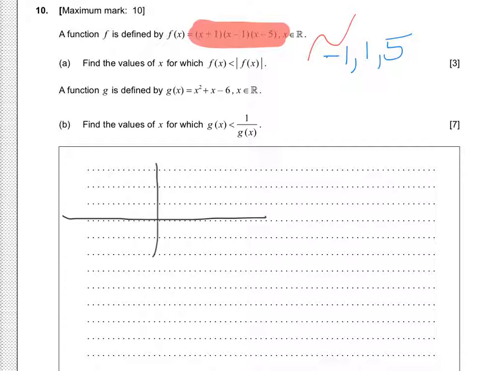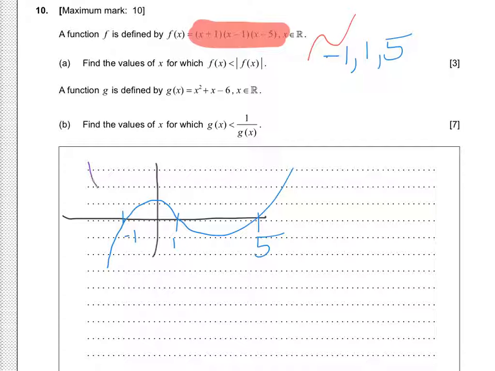So it's going to look like that: -1, 1, 5.